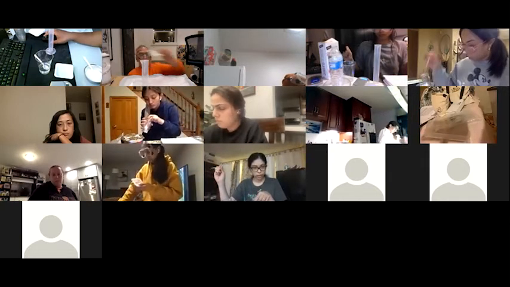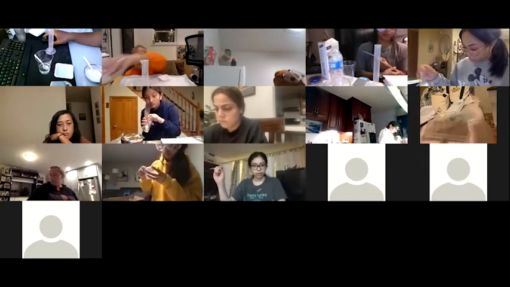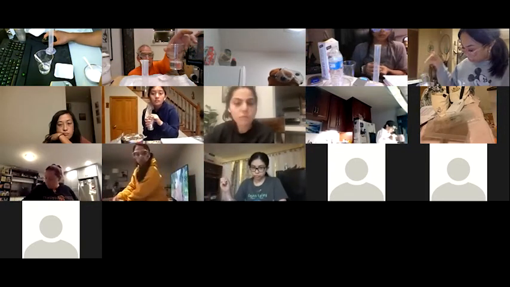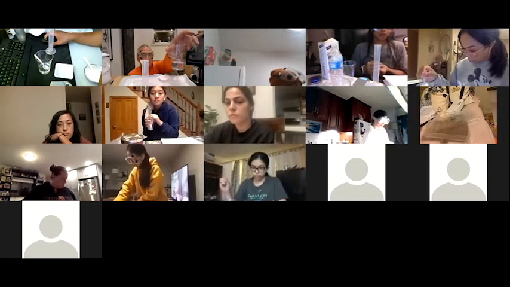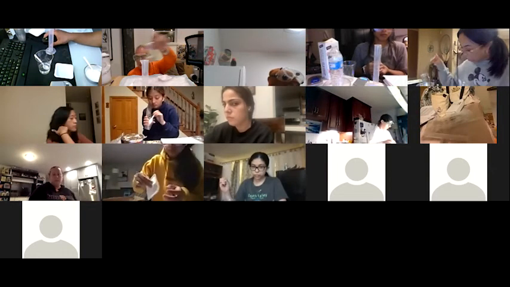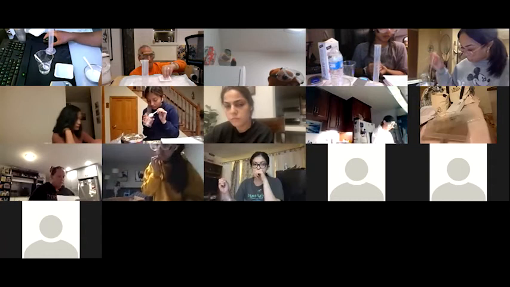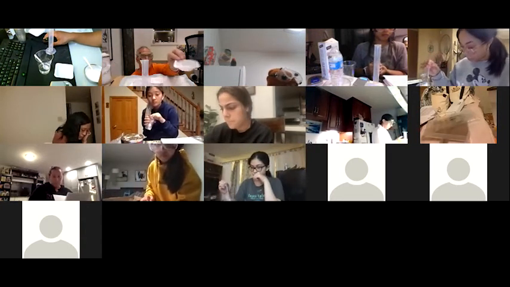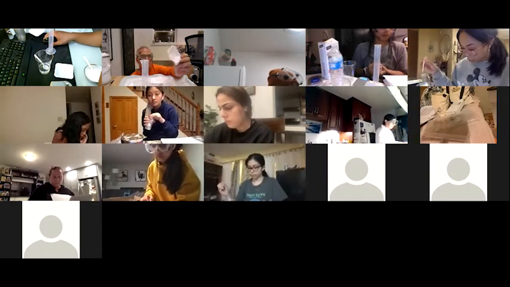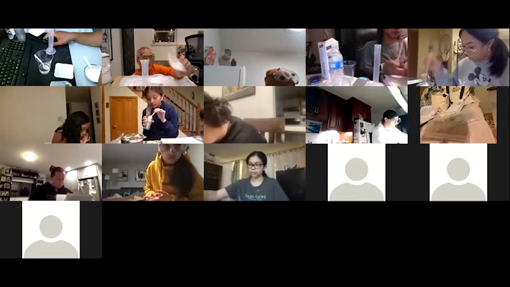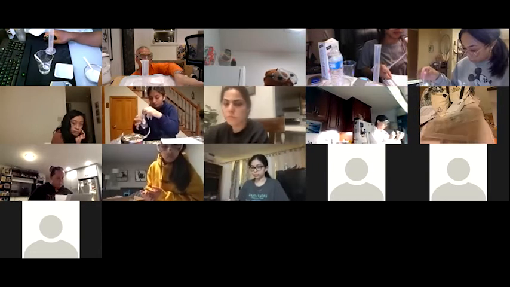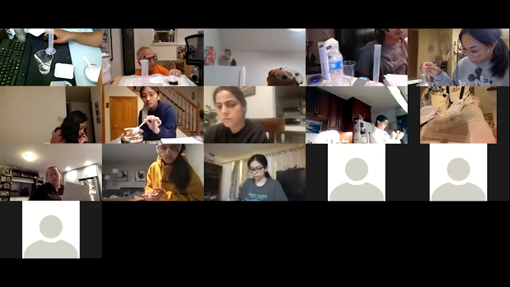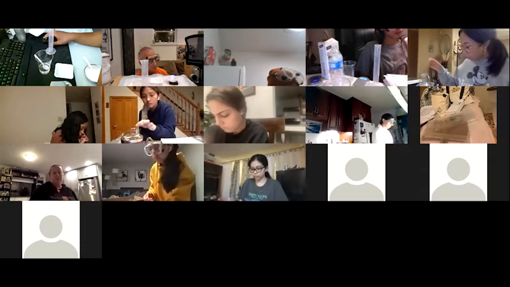Just do the same thing, put that on here, tare it, then put 5.5 sugar? Except we don't measure a solid in here because there's no way to remove the solid from this if we add too much. So what we're going to do is use the weigh boat. This is what we use for measuring solids. We put this on our balance, then we hit tare so that it reads 0.00.